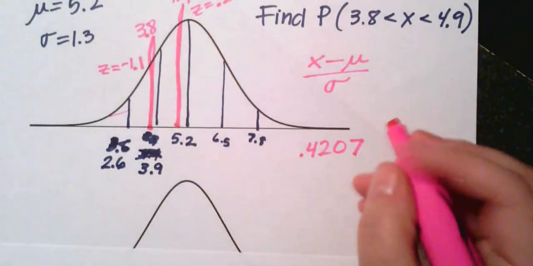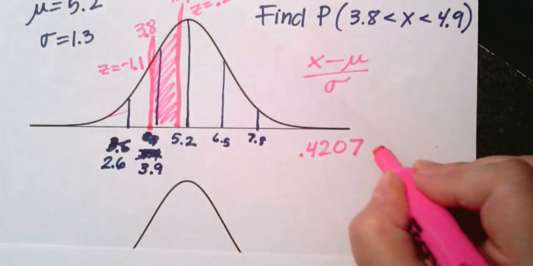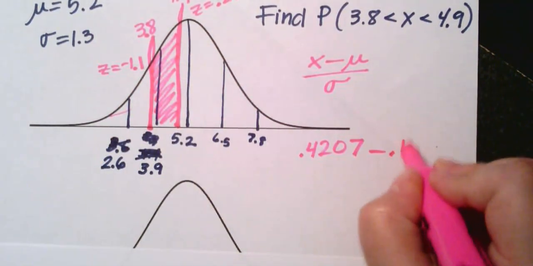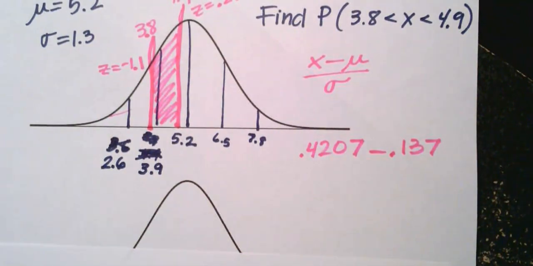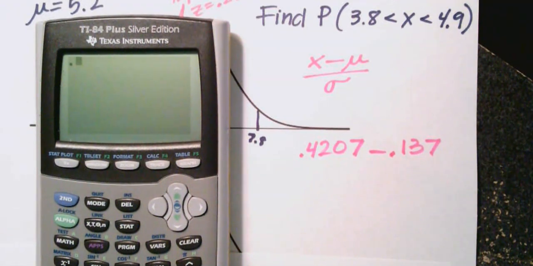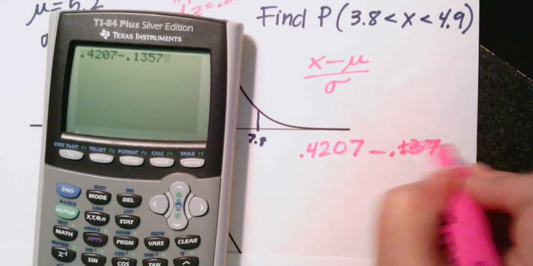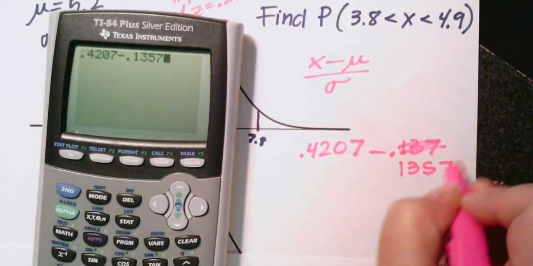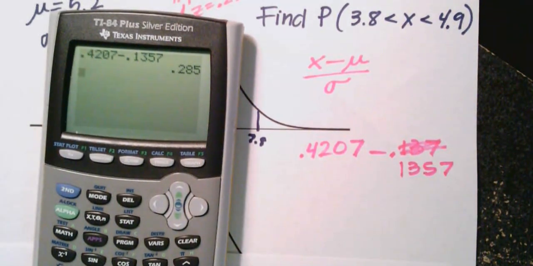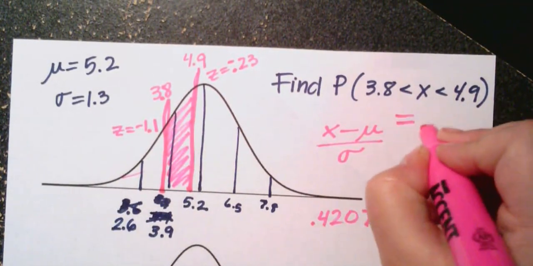And I'm going to subtract that because that's the probability of being over here, and I don't want over here. I want between there. So minus 0.1357. I didn't even write the right thing there, did I? There's a 5 in there. And in my calculator, that gives me my answer, 0.285. So that is my answer for the probability, 0.285.